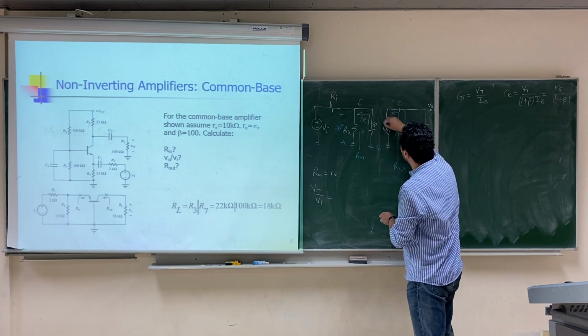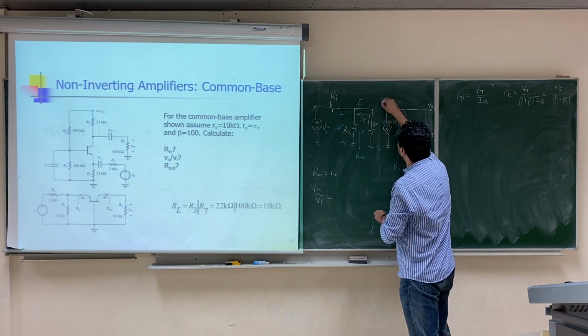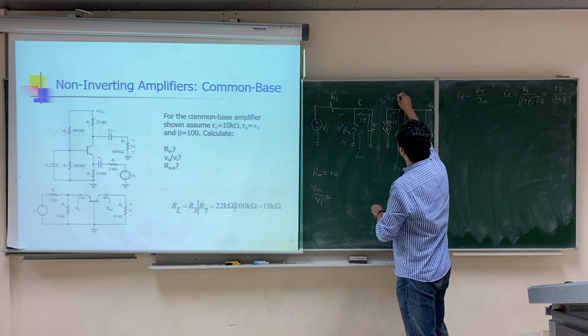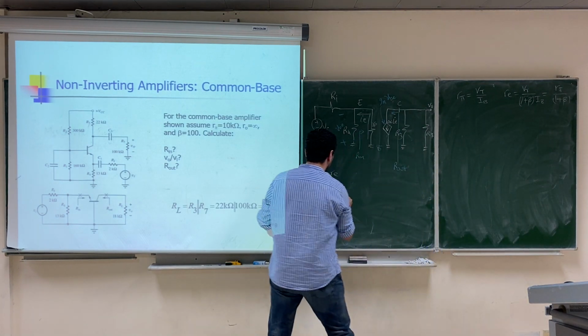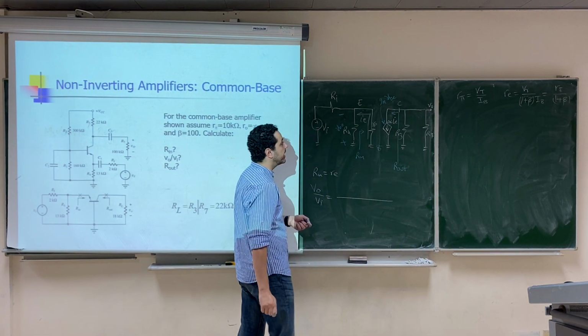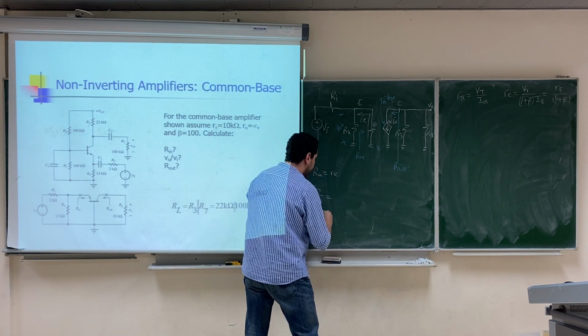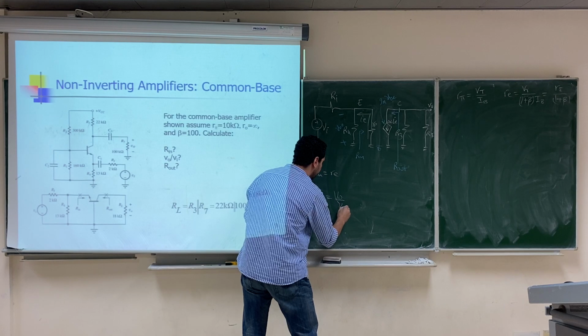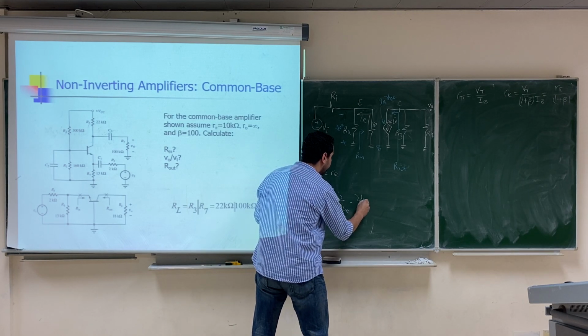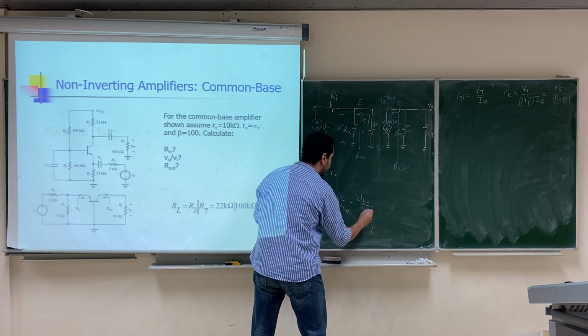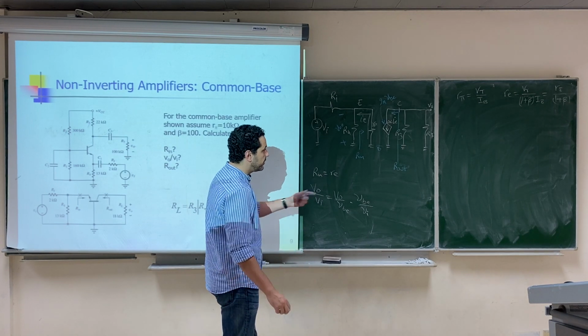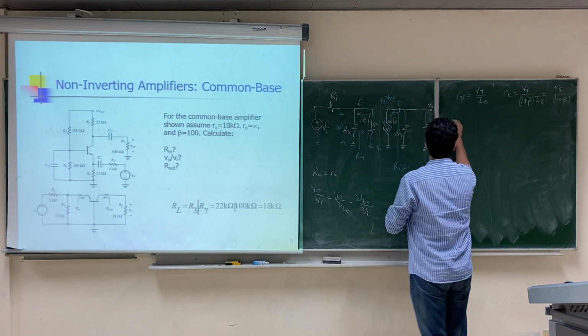So it's easier now to write the current source here as GM VBE. And we can say now that V output over V input, we can obtain as V output over VBE multiplied by VBE over V input.